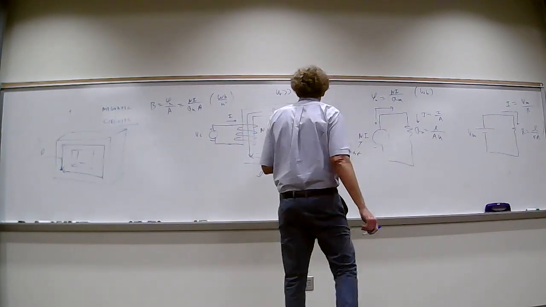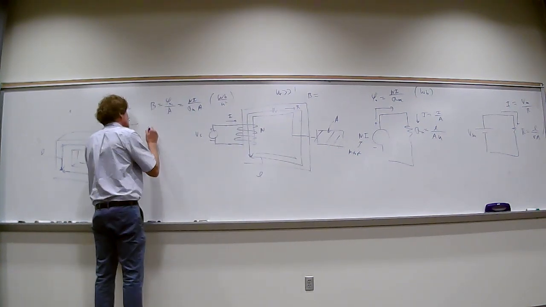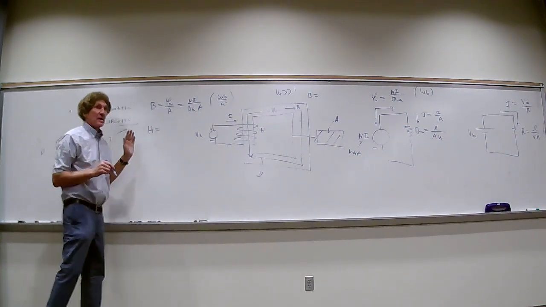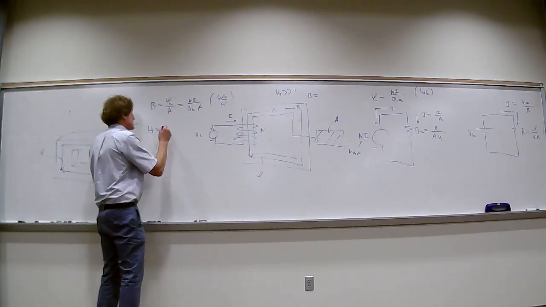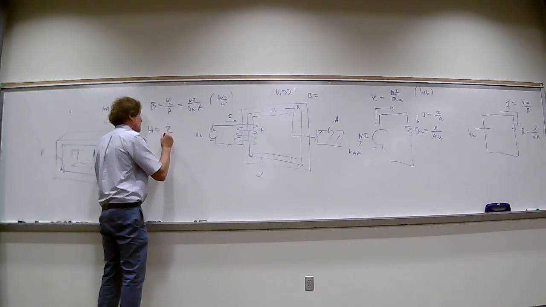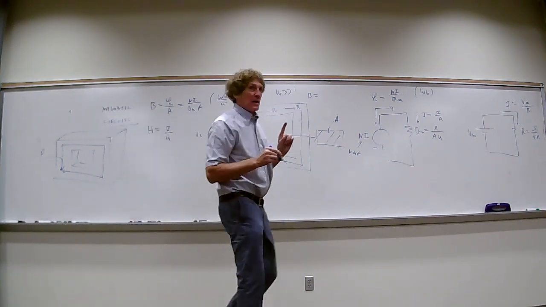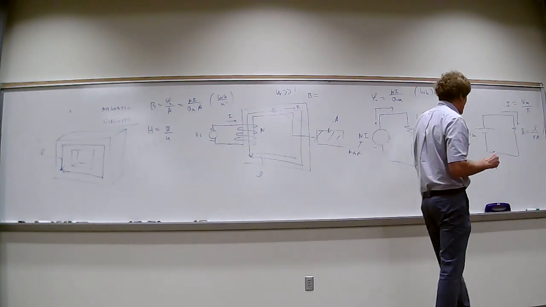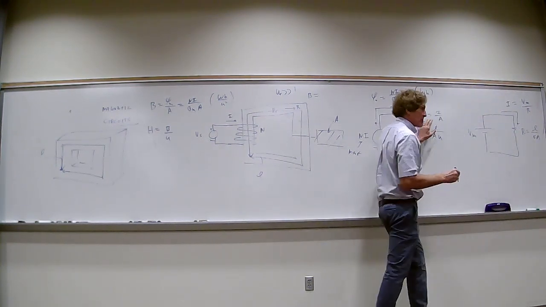Once I have the B field right here, how do you get the H field, class? Just take that B field. I'm about out of time. Take the B field and divide by mu, and now I have the H field. The H field, remember, we got the similar thing we got was J, right?